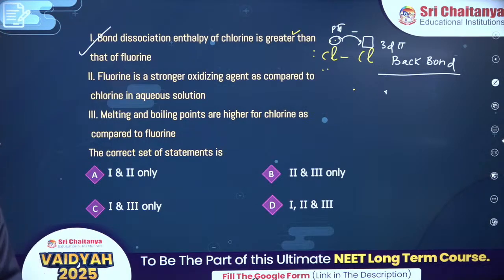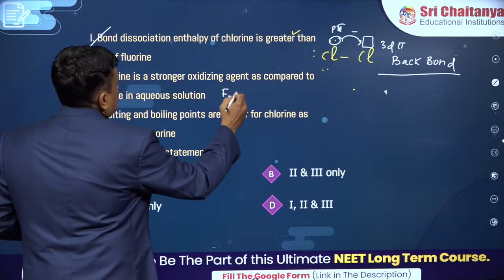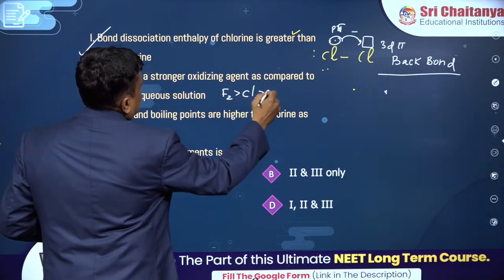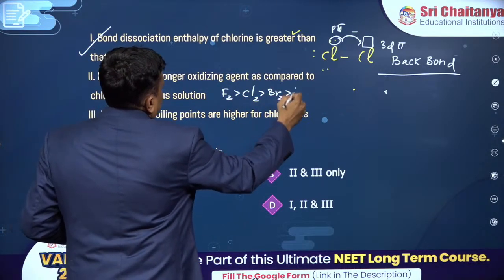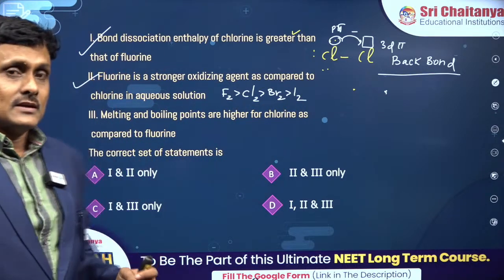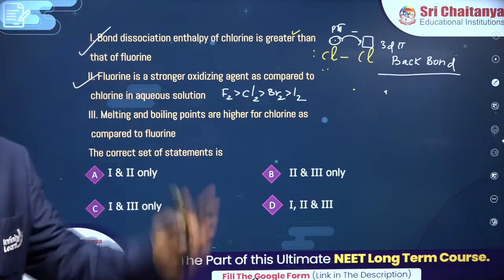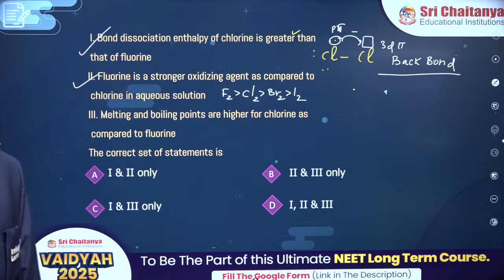Ashley, Somya. Yes, fluorine is a stronger oxidant compared to chlorine. I have told you multiple times, fluorine has more tendency to absorb electrons because it's more electronegative naturally. This also looks to be a correct statement. Stronger oxidizing agent. They will specify aqueous solution as extra information to confuse you. NEET bouncers. Don't get confused.